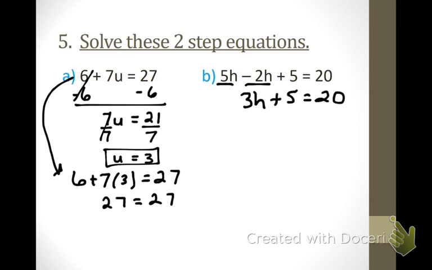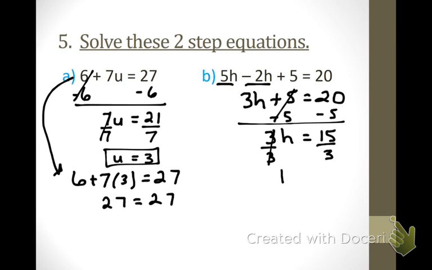So I've got to get rid of plus 5. What do I have to do? Minus 5 to both sides. This cancels out. I'm left with 3h on this side equals 15. I've got to get rid of that multiply by 3, so I'm going to divide by 3 on both sides, and I figure out that h equals 5. So now all you're gonna do, you have a little bit longer of a problem up there, but you're still gonna check it the same way.